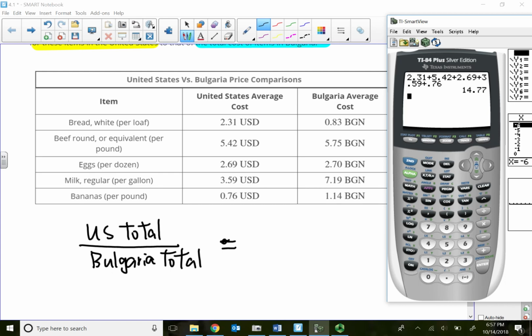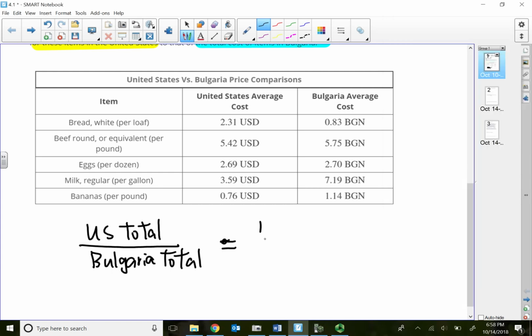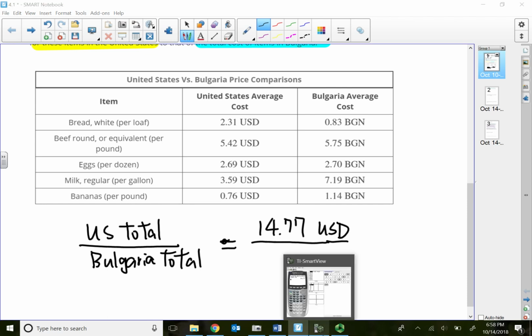So the total for the US is $14.77. I'm just going to write USD beside it, just like the problem has. So it's United States dollars compared to Bulgarian dollars.